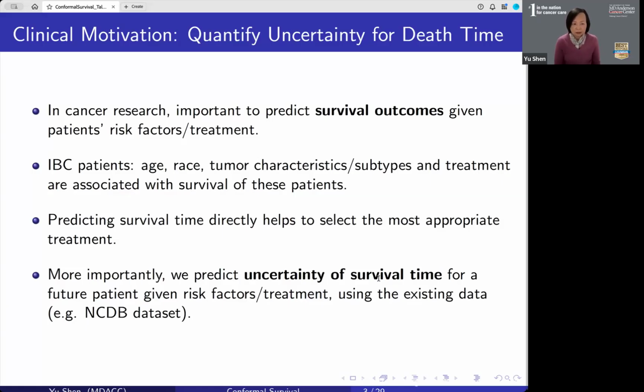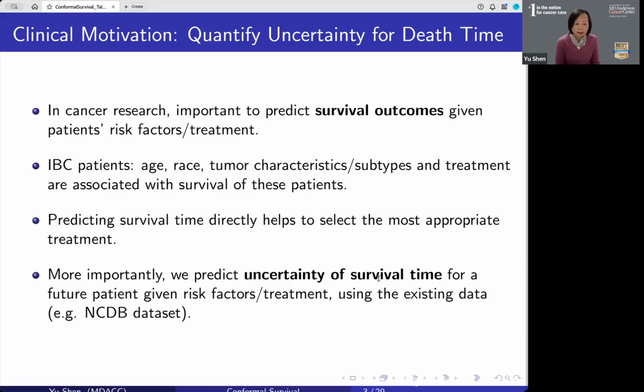In cancer research, it's always important to predict survival outcomes given patients' risk factors and treatment. The example data I will describe today is a small subgroup in breast cancer called inflammatory breast cancer. This is a very rare breast cancer, but very aggressive. The overall survival for this group of patients is not good.